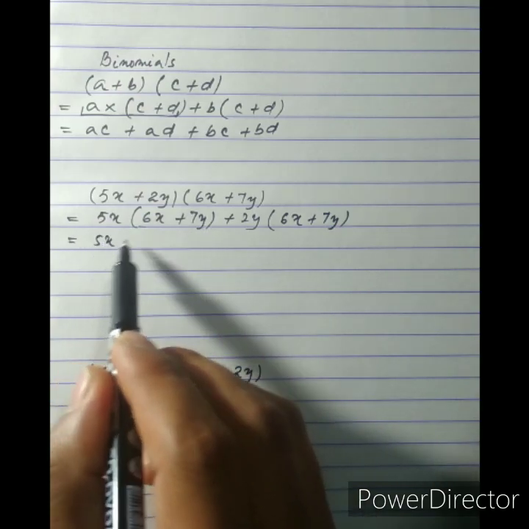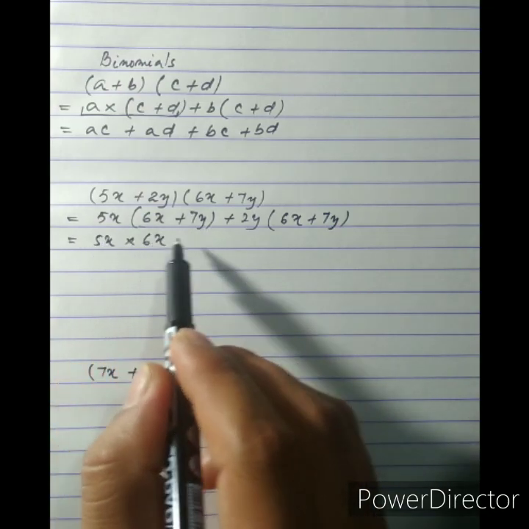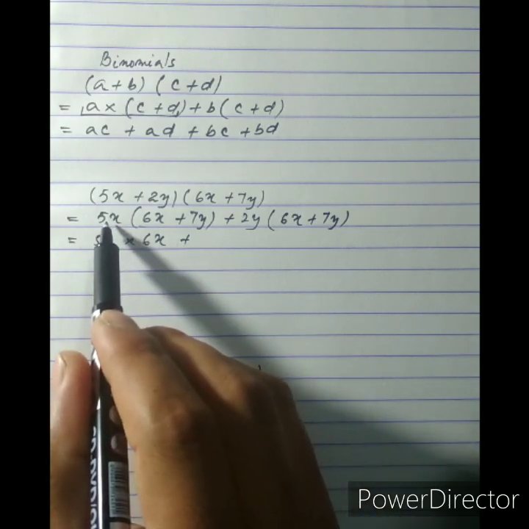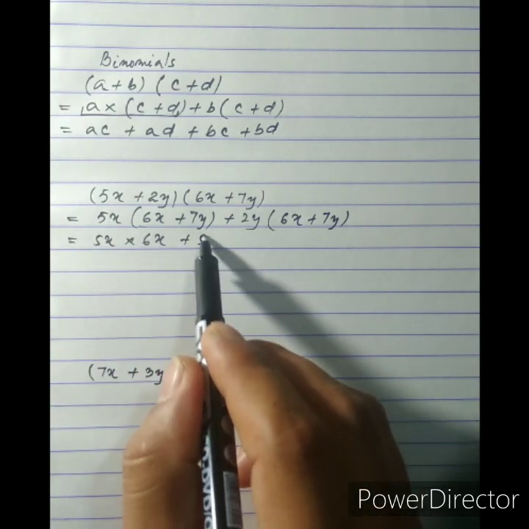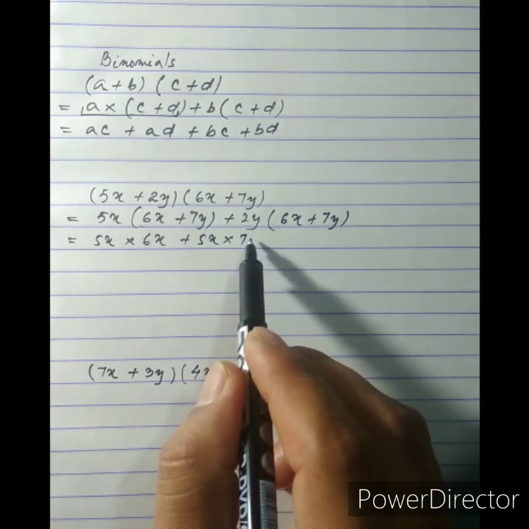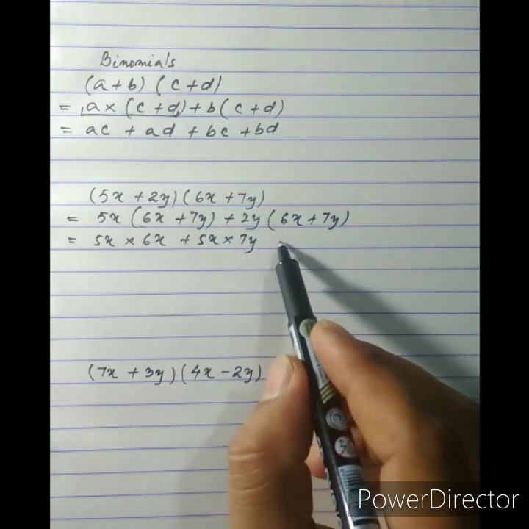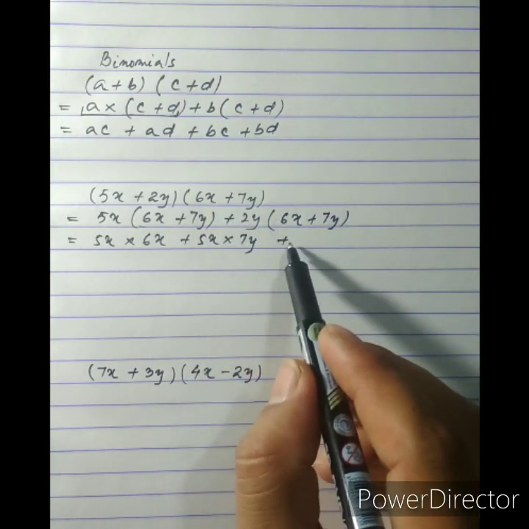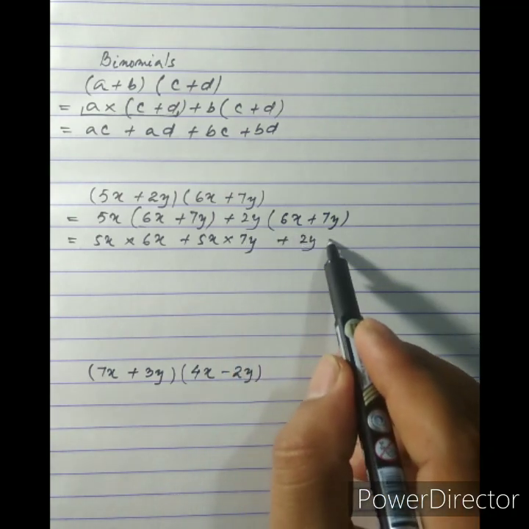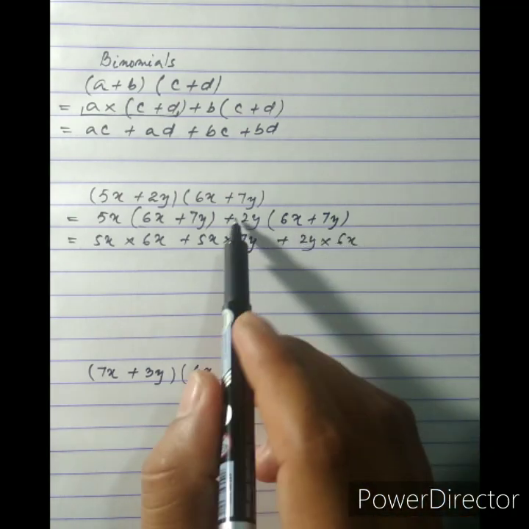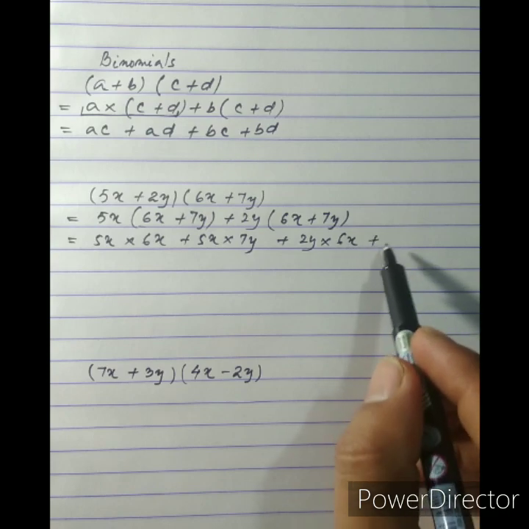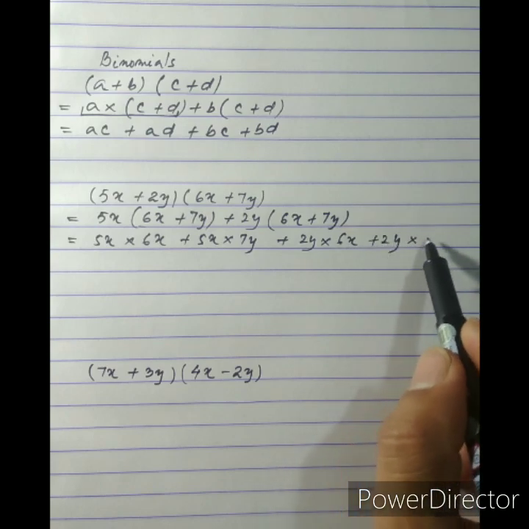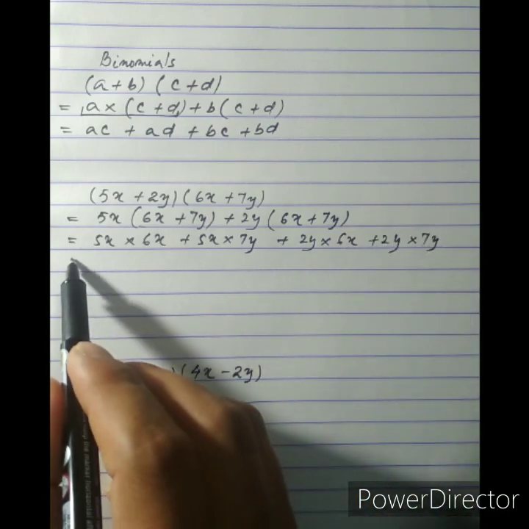So 5x will multiply to 6x, and then next 5x will multiply to 7y. Then plus into plus, plus twice y will multiply to 6x. Plus into plus is plus, then twice y into 7y.